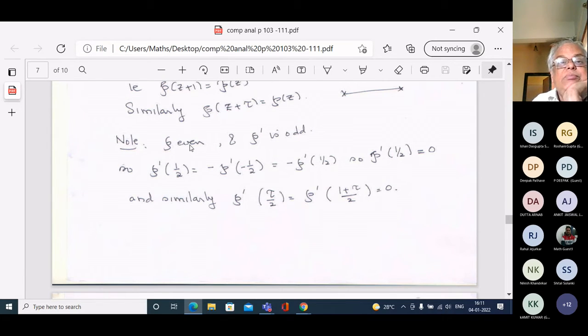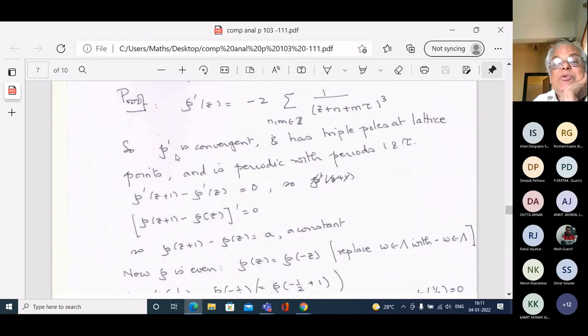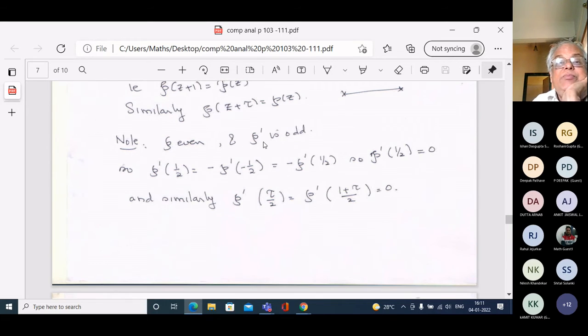Now, P is even and P prime is odd. What is P prime here? You replace z by minus z, you can put that minus sign in here and here and you pull the minus sign out. So you get P prime is odd. P is even, P prime is odd. P prime of half is equal to minus P prime of minus half. But P prime of minus half is P prime of half because P prime is periodic, and therefore P prime of half is 0.